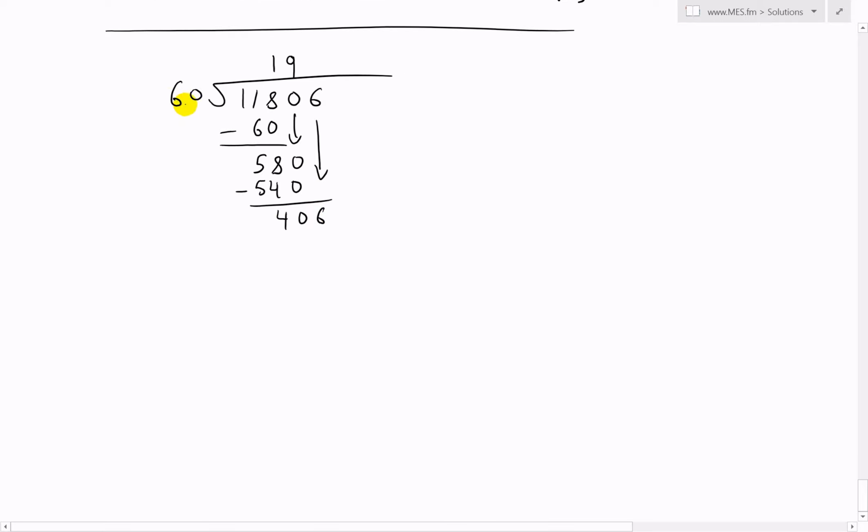And then the next closest here, 6 times 6 is actually 36. So I'll put a 6 here because it's 60. So 6 times 60 is 360. And then subtract here, we get a 6. Carry this as a subtraction, put a 10. And then minus here is a 3. So we have 10, this is 46. So we have a remainder of 46.